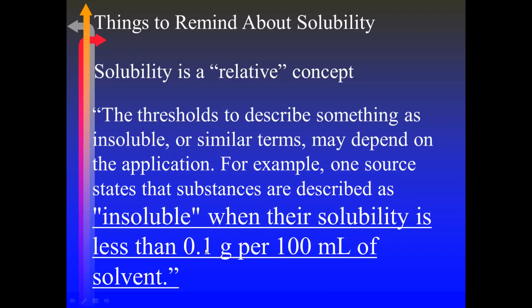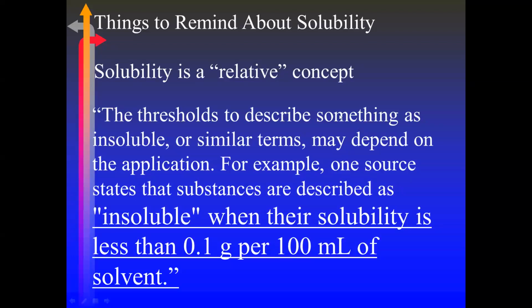If you say 0.0999, you think it's insoluble, but if it's 0.11, you think it's soluble. It's not fair because the difference is very small. This is why I said it's a relative concept.